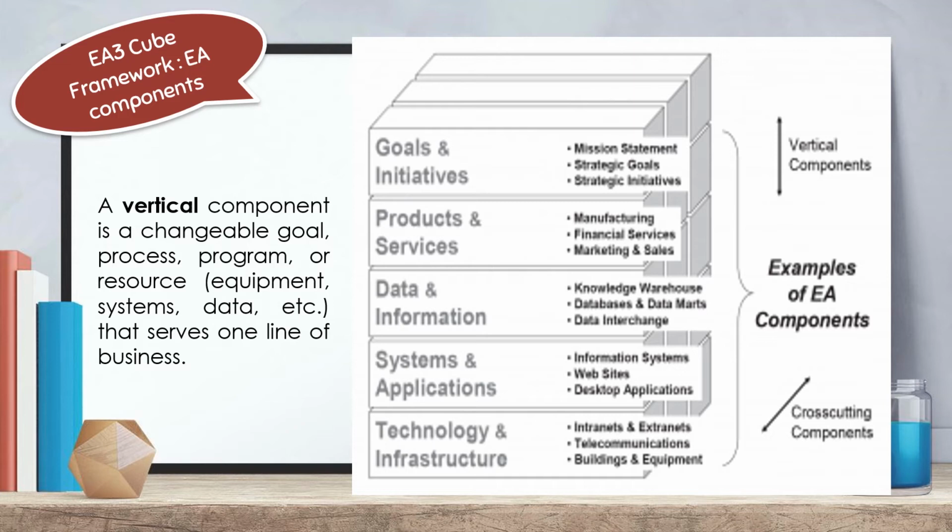Okay, so for example, it is just like one vertical slice like that. So it is being used in one line of business, which is a distinct area of activity within the enterprise involved in the manufacture of a certain product, provision of a service, or an internal administrative function.